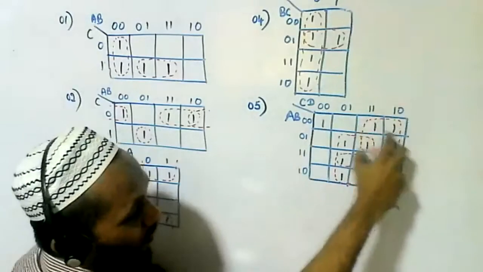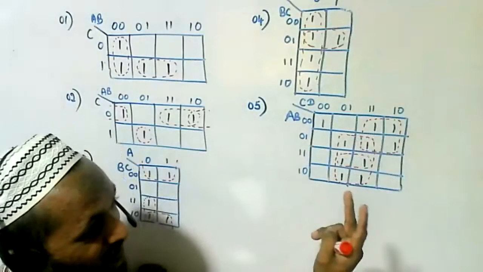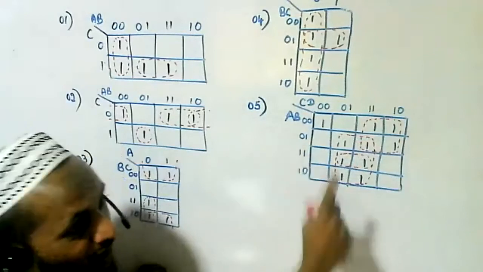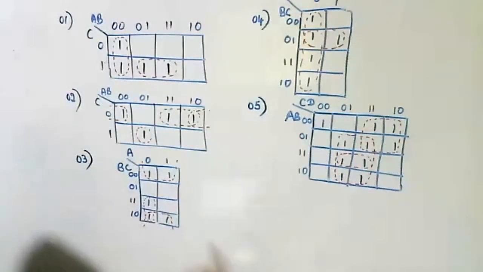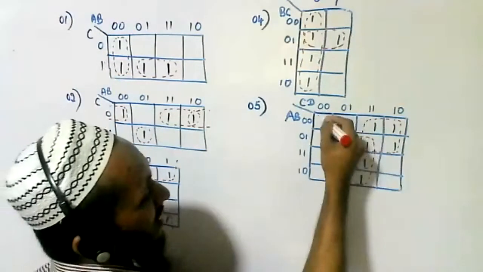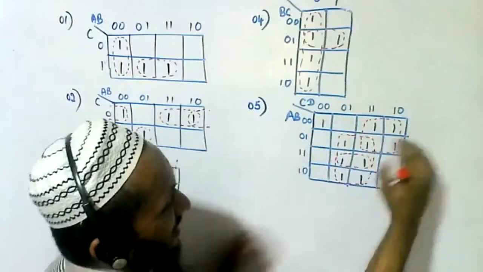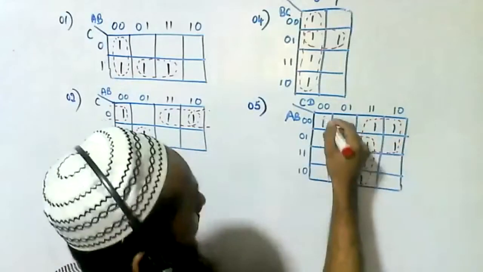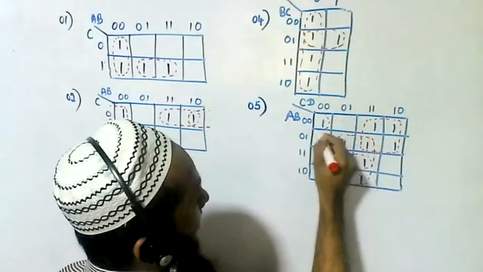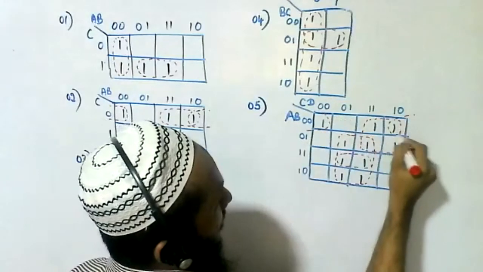So 3 groups, with 4 ones in each group. Then for this one, is there any other one to group? Yes, this is wrapped around, so we can group this one with this one.